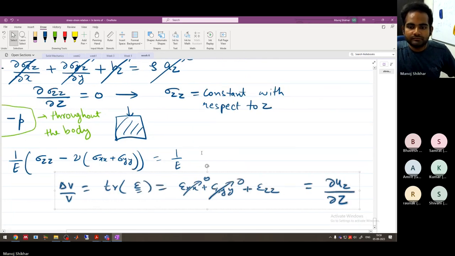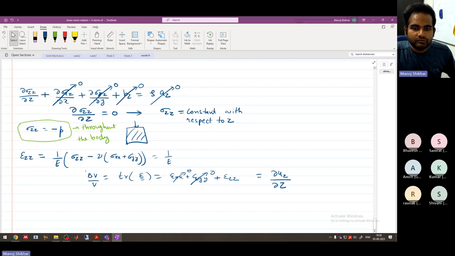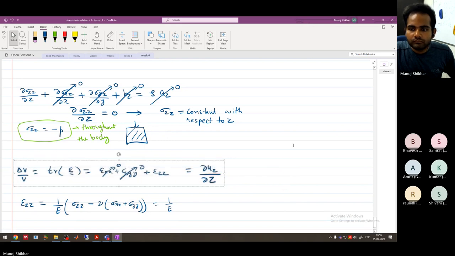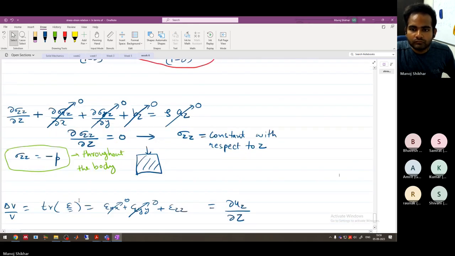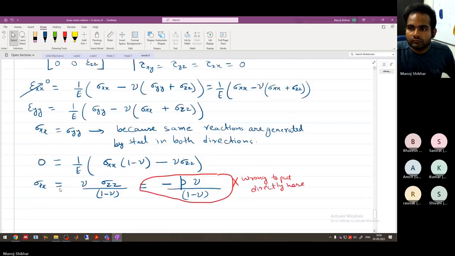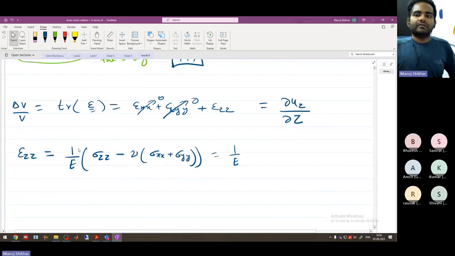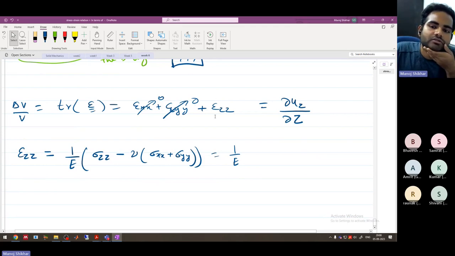The third part is the volumetric strain. So I will go to the third part. So anyways, they told us to find the volumetric strain, and epsilon xx and epsilon yy were 0. So the volumetric strain reduces to epsilon zz.